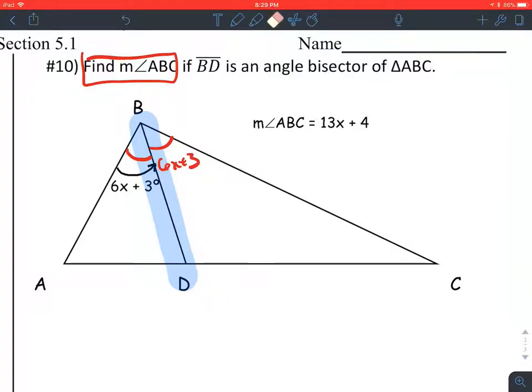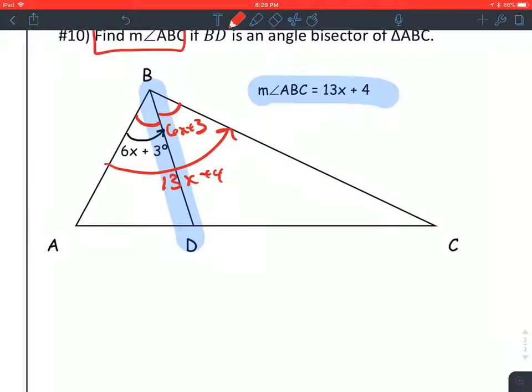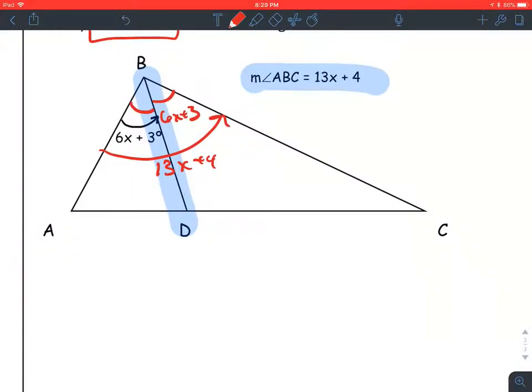Given another fact for this problem, the measure of angle ABC, that's this angle here, is 13x plus 4. Using the angle addition postulate, the measure of angle ABD plus the measure of angle DBC equals the measure of angle ABC.